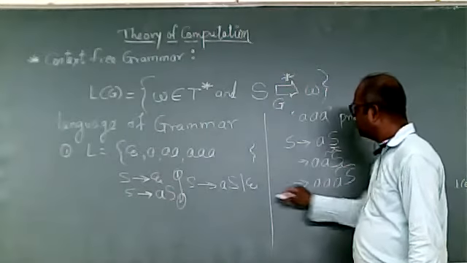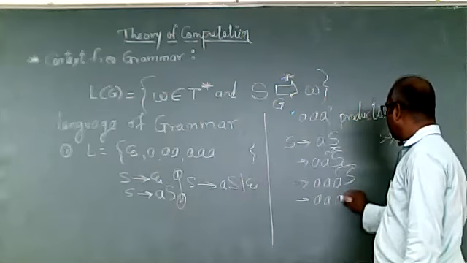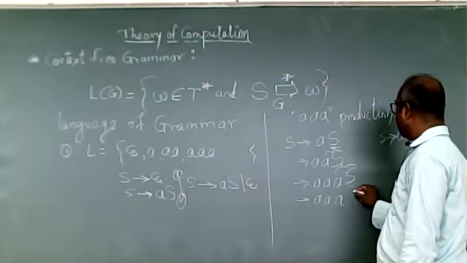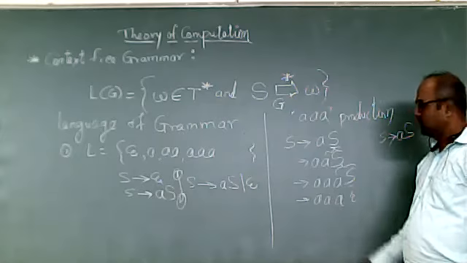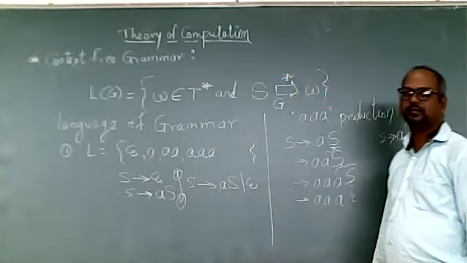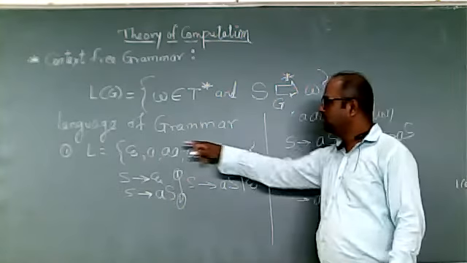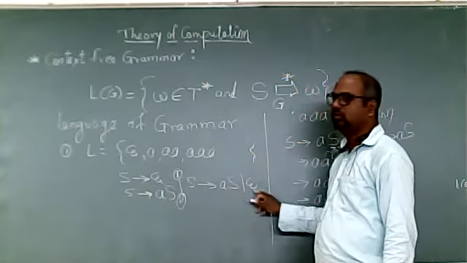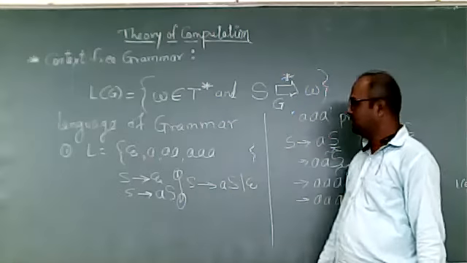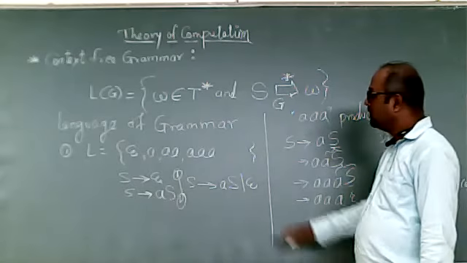If I replace this S with epsilon, I will get the AAA string with the help of these two productions. So I can get any string belonging to this language with the help of these two productions, S goes to AS or S goes to epsilon.